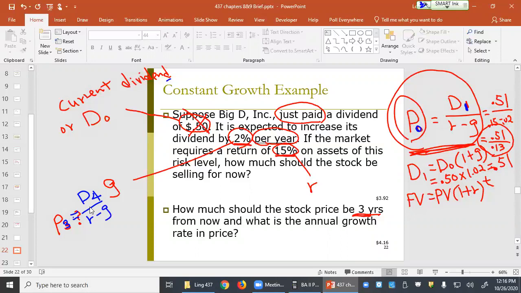But how do I find D4? I know what my D0 is. I know my dividend will be growing at 2% per year. So we'll solve for D4 by using the fundamental method that we saw in chapter 4, which was also the first time value of money equation that you learned in Finance 330.